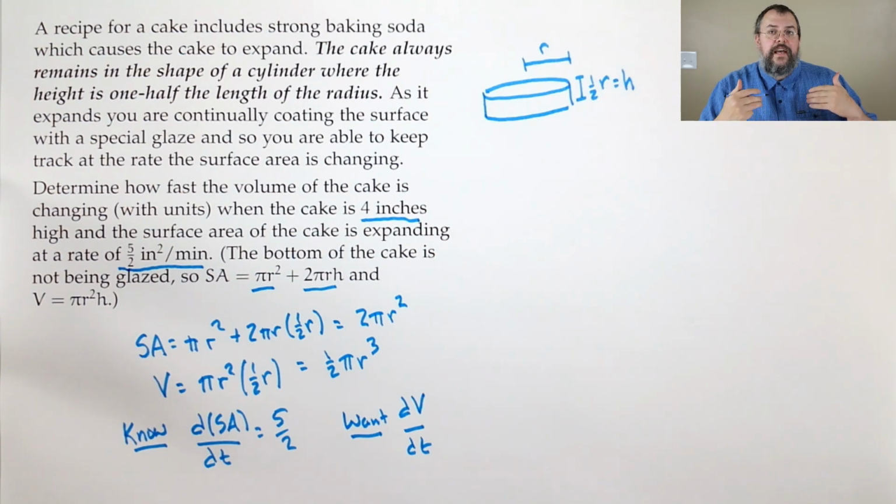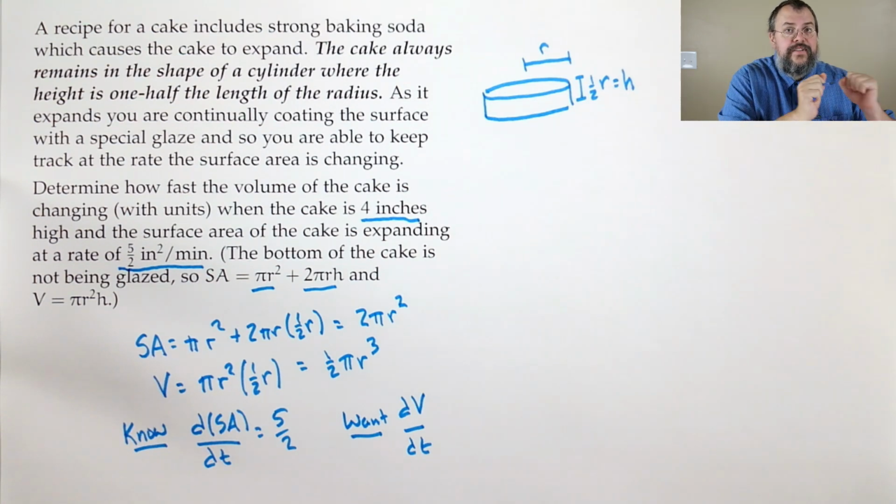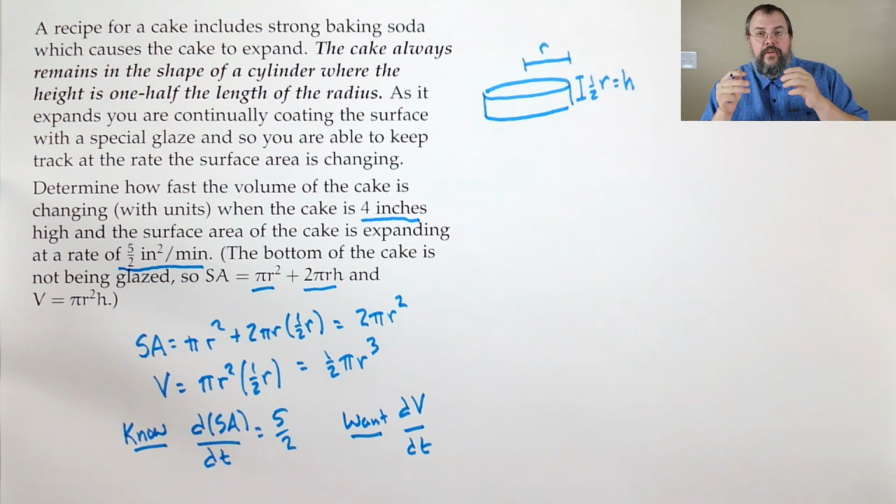I know something about how the surface area is changing; let me use that to figure out how the radius is changing. Then I know how the radius is changing, so let's use that to figure out how the volume is changing. We're going to step our way towards it. We have several relationships, several formulas, and we use all of them to connect two of our variables together.